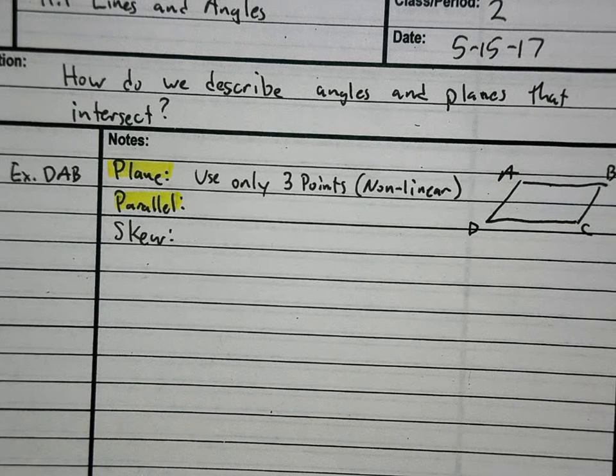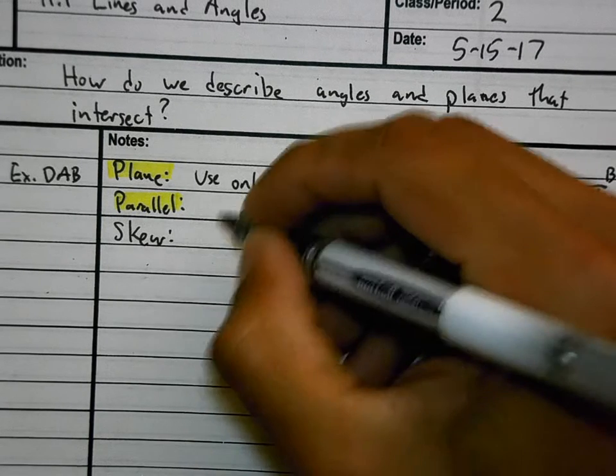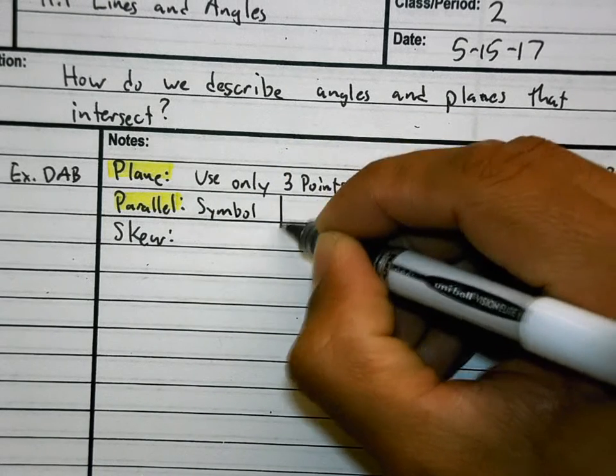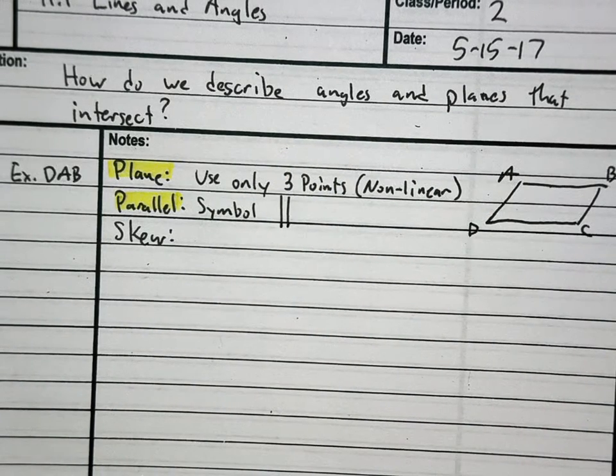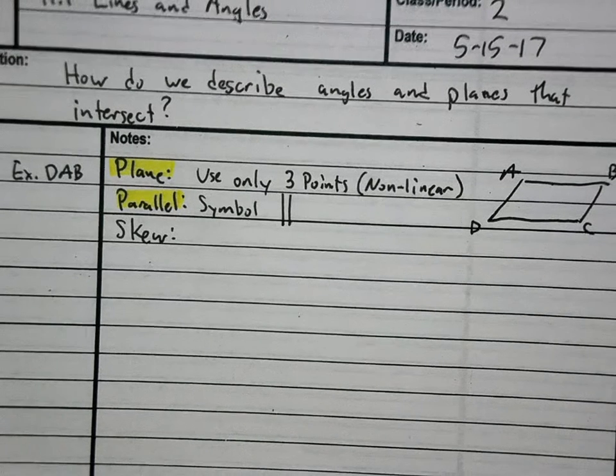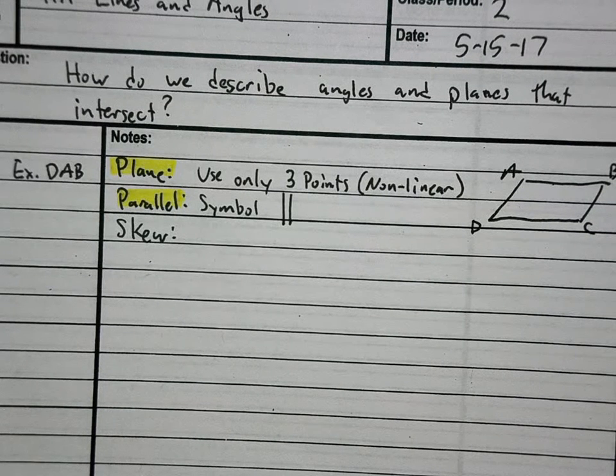Most of you know what parallel means, but I want to remind you what the symbol is for it. The symbol is this, like two vertical lines that are straight up and down. When you see that symbol, it means parallel. It means that they do not intersect, that they follow each other. When I think of parallel lines, I think of this light up here and this row of lights.